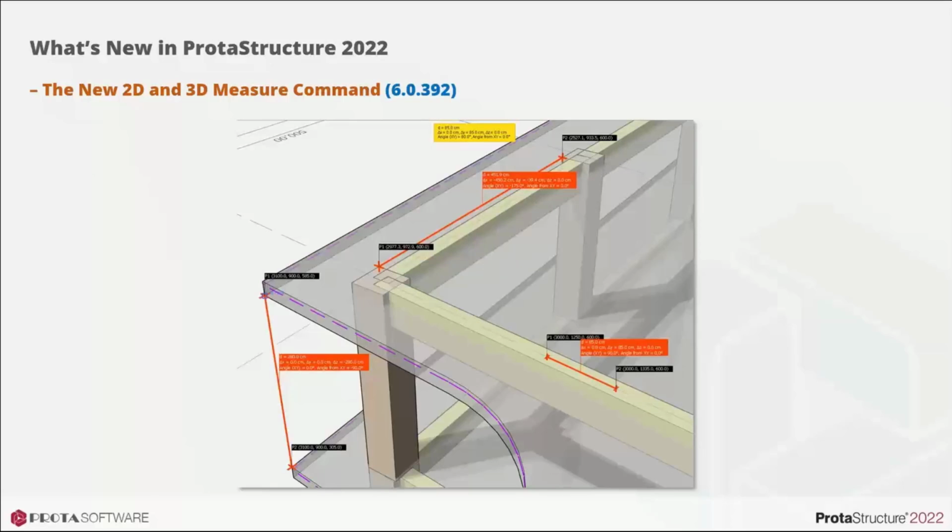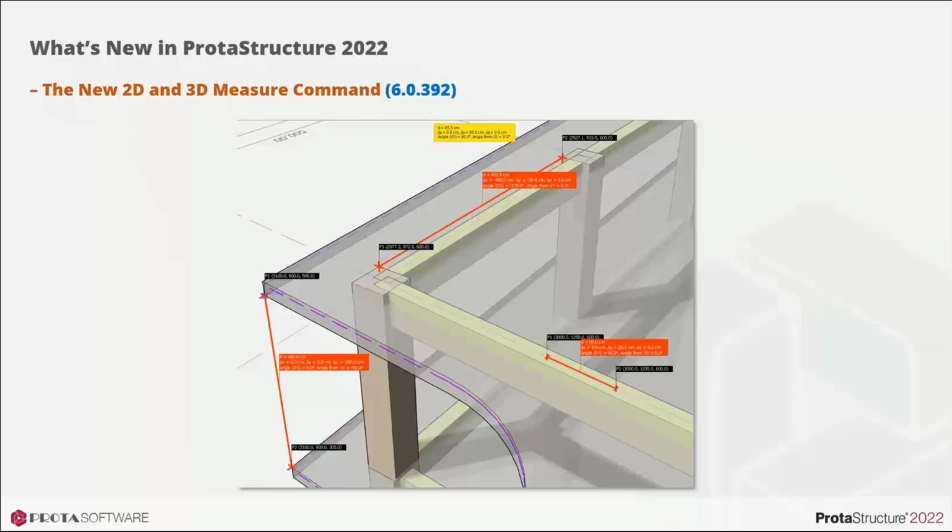So with the latest updates, we improved the measure command significantly. You can now snap to any 2D and or 3D points, including line intersections, solid object vertices, extensions, intelligent element points, axis intersections, and so on.